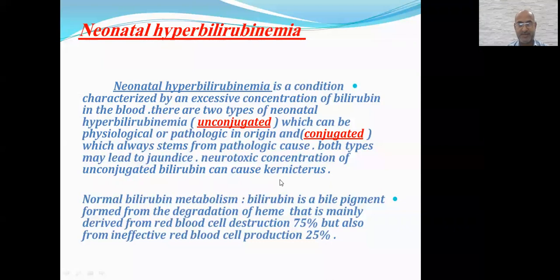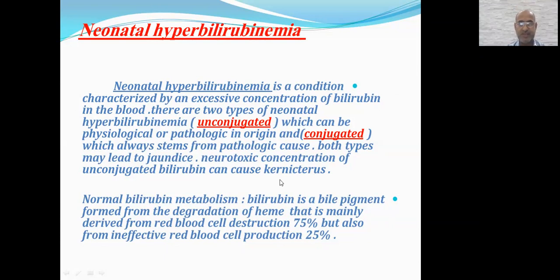Conjugated or direct bilirubin is, of course, all the time pathological in nature. Of course, either conjugated or unconjugated bilirubin leading to jaundice may result in severe sequelae, being neurotoxic to the growing brain of the newborn and causing what we call kernicterus. This is the most serious complication of bilirubin.